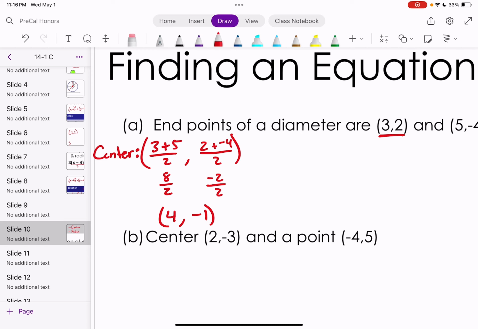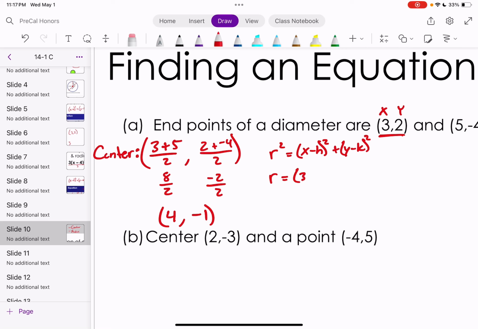So we're going to have r squared is equal to x minus h squared plus y minus k squared as our equation. Remember, we're going to need the square root of both sides to just isolate for r. So r is equal to, remember, this is your x, this is your y.